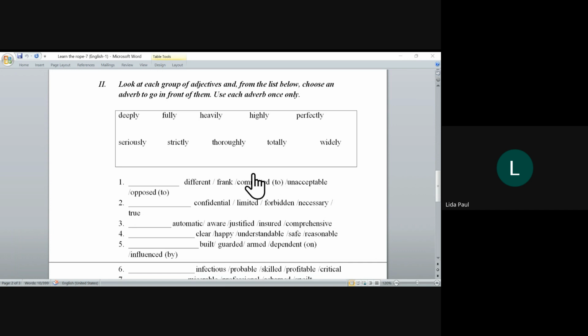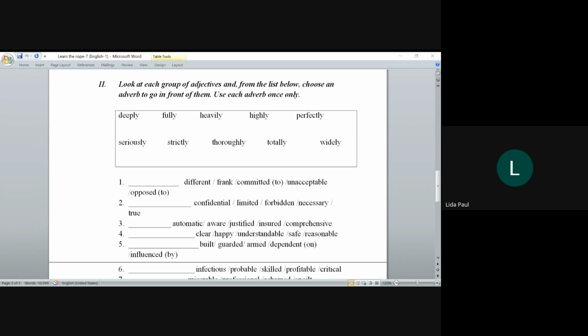First one: different, frank, committed to, unacceptable, opposed to. Which adverb do you think will fit with all those adjectives in the first question? Honey says totally. Praveen says totally. Ashok says highly. So we'll check with both of them. How will we know which one is right?